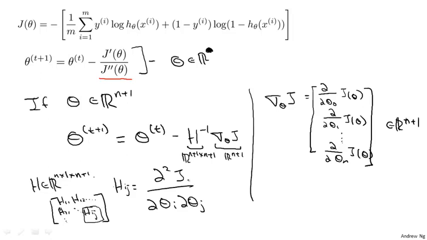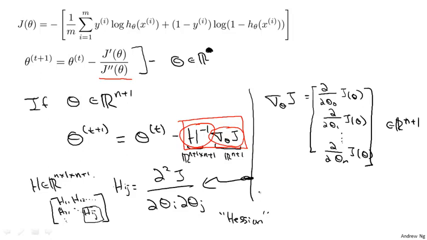So this is the matrix of second derivatives, and this formula captures the intuition of taking the first derivatives and then dividing by the second derivatives, really multiplying by the inverse of the second derivatives. This matrix H is also called the Hessian, or the Hessian of J.